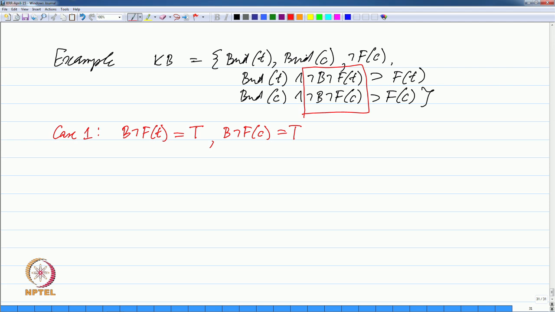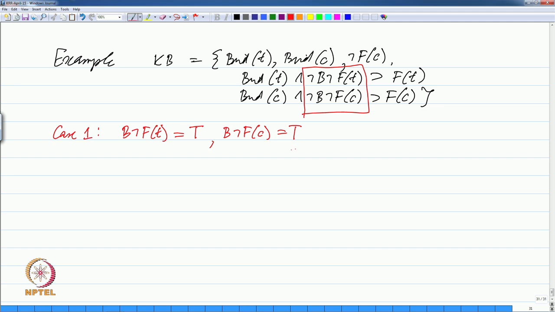So, the knowledge base will have the first three statements always, which is bird Tweety, bird chili and not flies chili, plus two more statements which we have to simplify. In this case, because we assume this to be true, its negation is false. So, bird Tweety and false is false. So, false implies flies Tweety is true. So, both the statements will vanish.